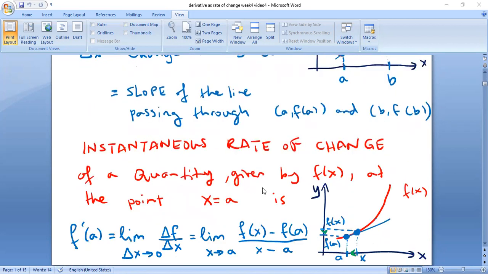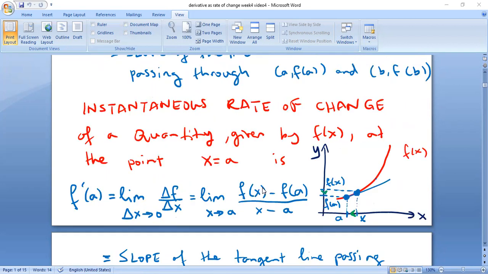But the instantaneous rate of change of a quantity given by f at the point x equals a is, remember, the slope of the tangent line. So we take a secondary point, which is (x, f of x), but our point is actually (a, f of a). The secondary point is on the graph also, with coordinates (x, f of x). So we take the limit as x goes to a. We make the second point (x, f of x) get closer and closer to our point (a, f of a).